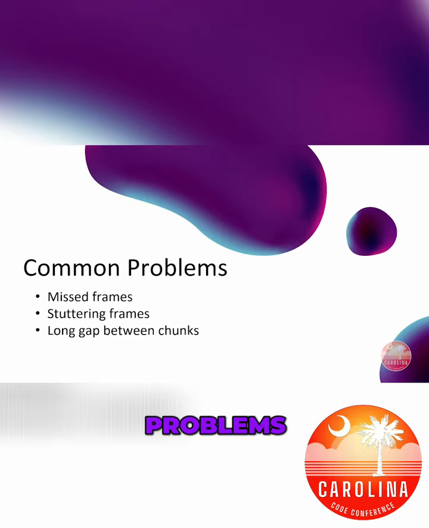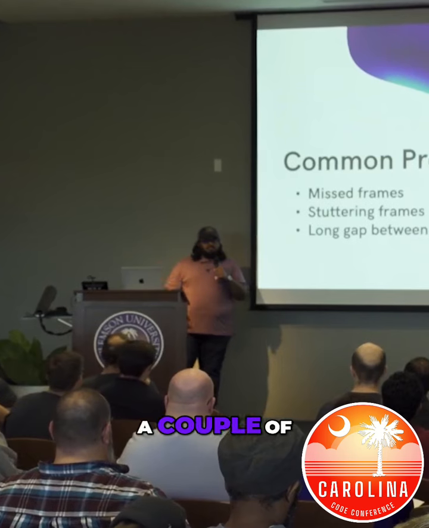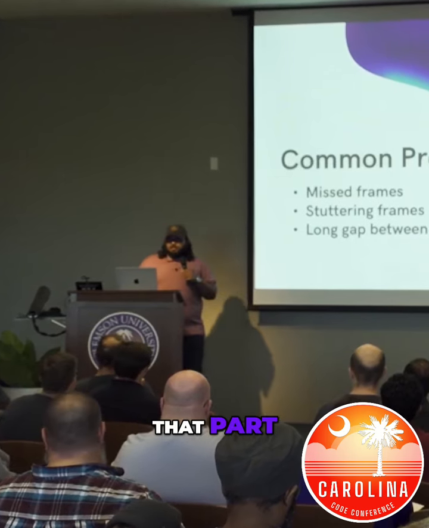Some of the common problems that come with a recording app is you can miss certain frames when you're recording chunks of videos. You can also have stuttering frames in the video, which means it's just frozen for a couple of seconds and it's not recording that part.